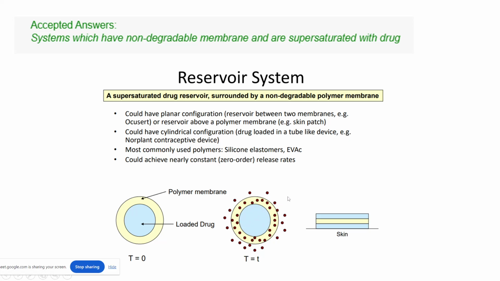It will continue till the outer part is equal to the inner system. And if you have delivered this inside the body, then even if there is drug here, it is still getting transported somewhere else. It's not getting saturated here. So it will always have a higher concentration inside, so there will be constant diffusion, which is why it has zero order release rate.